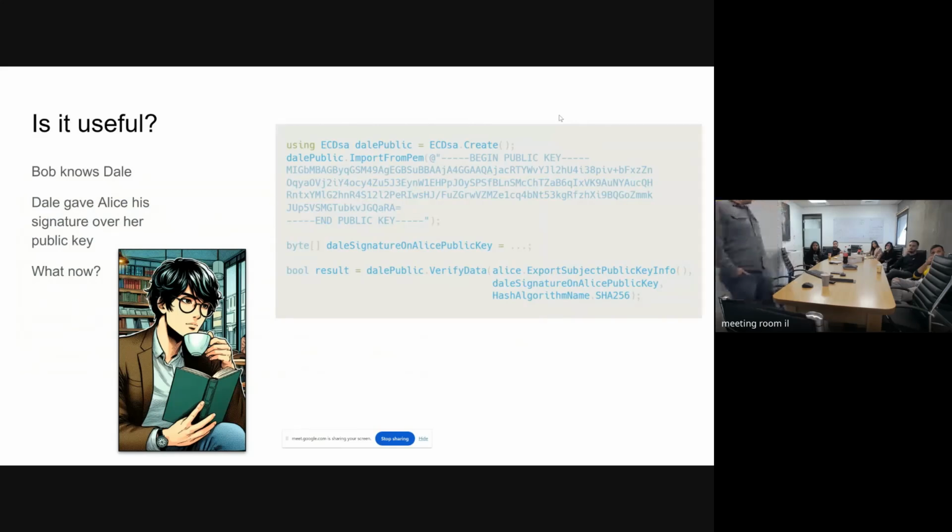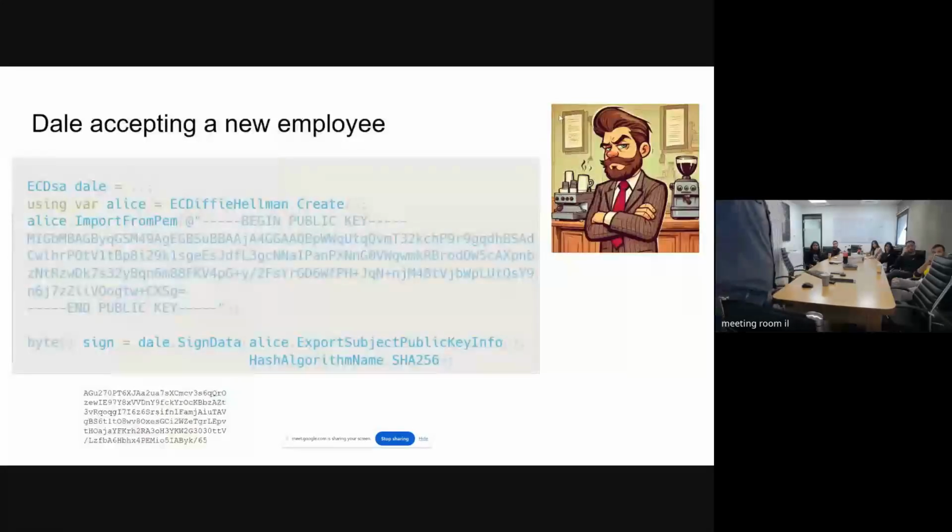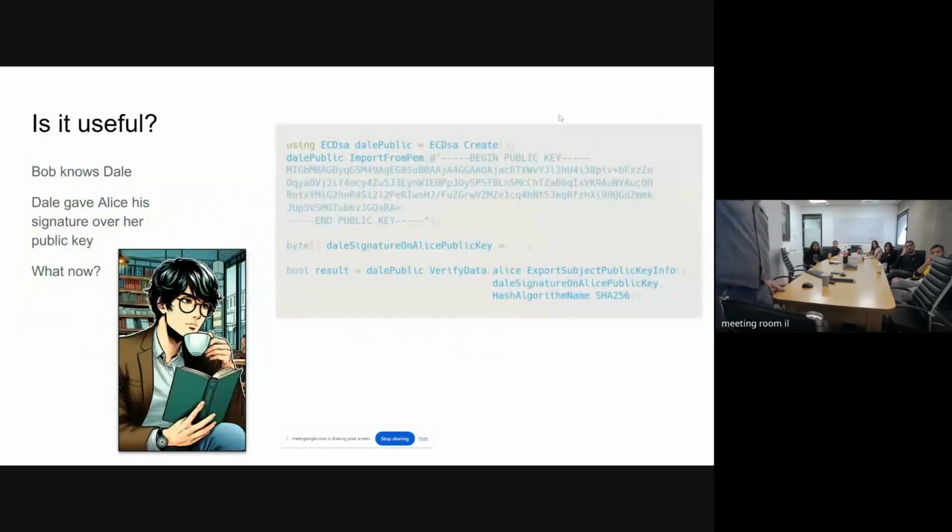Bob knows Dale, and Dale gave Alice his signature over her public key. So what do we do now? This is Dale's public key, and this is the signature value here. Now we are verifying the signature.